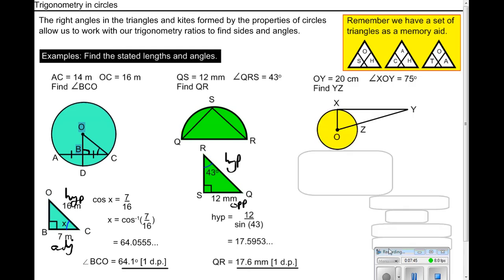Final example. Well, we've looked at a perpendicular bisector. We've looked at a semicircle here. So now we'll look at a tangent. Okay, so straight away I've got a tangent. So strictly speaking, I should have in my statement here mention that this is a tangent, but I've left that out. I've got my right angle there.